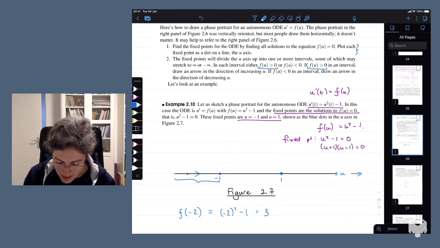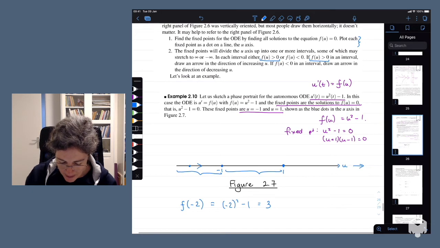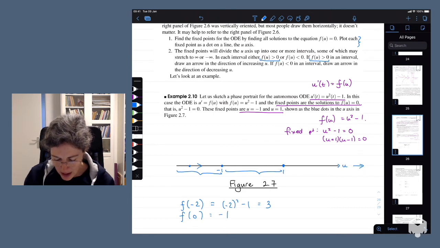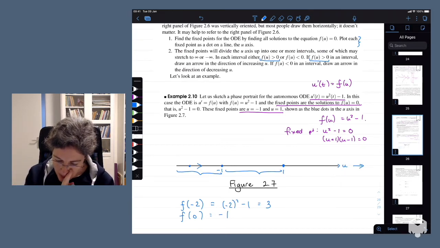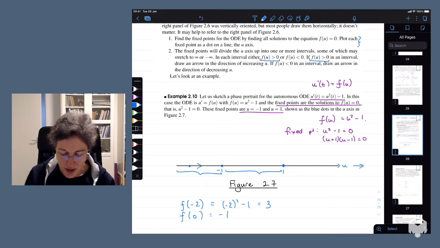All right, now let's have a look at values in between minus 1 and 1. Let's just take a simple one. f of 0 is going to be minus 1. So in this case we've got a negative function, so our derivative is decreasing, and we need to draw an arrow in the direction of decreasing u.